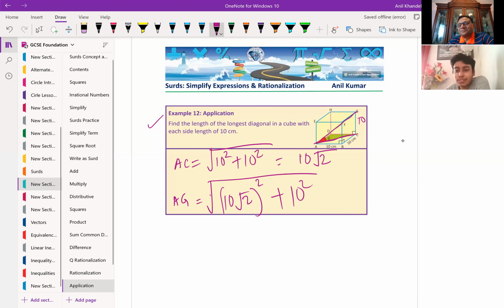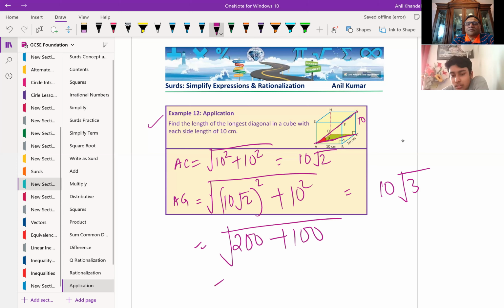So that would just be 10 square root of 3, because this will be 200, right? Correct.